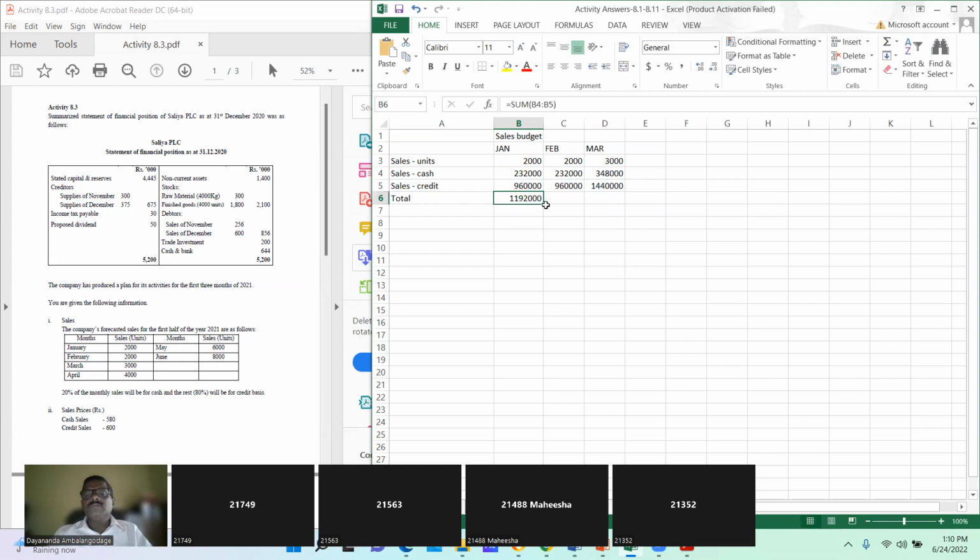So you can take the total if you want, this column for the last 3 months total. Unit wise for the 3 months sales, so much if you want. And something like this.